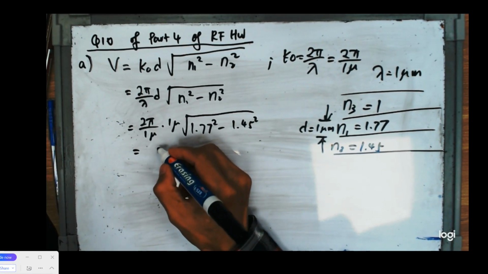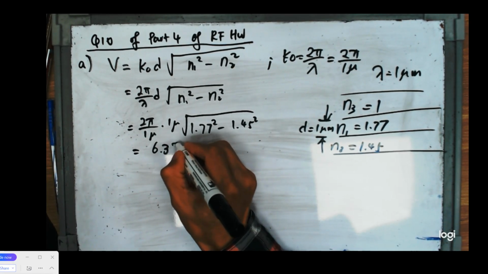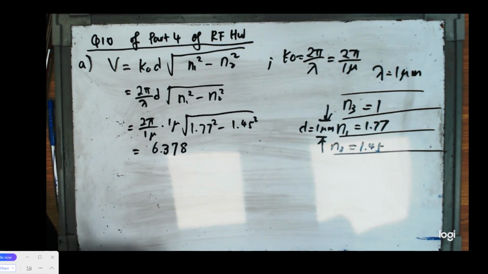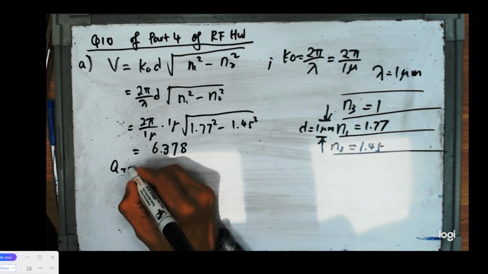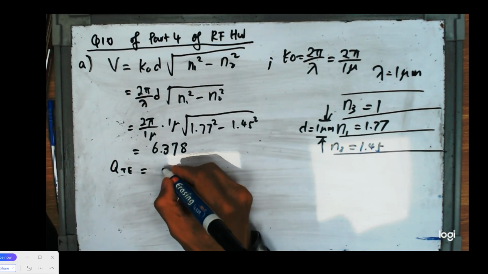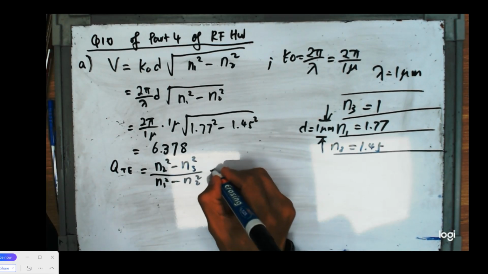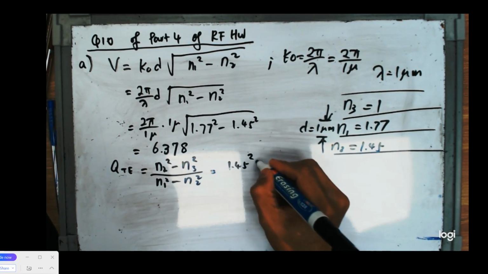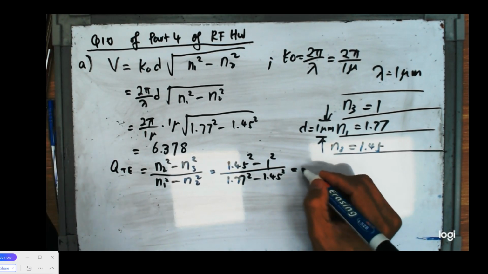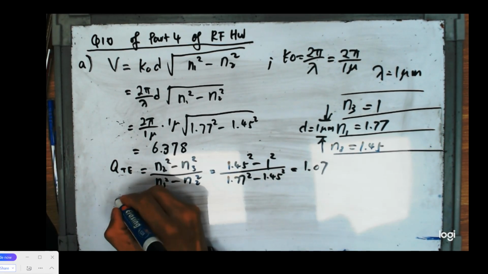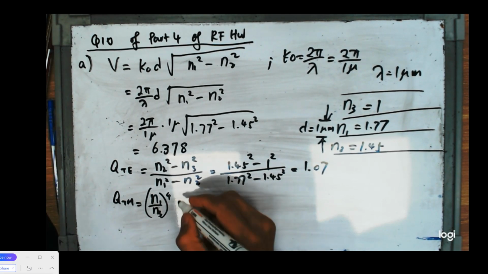And by my calculation, this will end up with 6.378. So this is the V number we got. And now we need to work out the asymmetry factor. We first start with the asymmetry factor for the TE mode, and it is equal to n2 squared minus n3 squared over n1 squared minus n2 squared, which is 1.45 squared minus 1, over 1.77 squared minus 1.45 squared. So a TE here will be 1.07, and a TM is equal to n1 divided by n3 to the power 4, times the same factor.